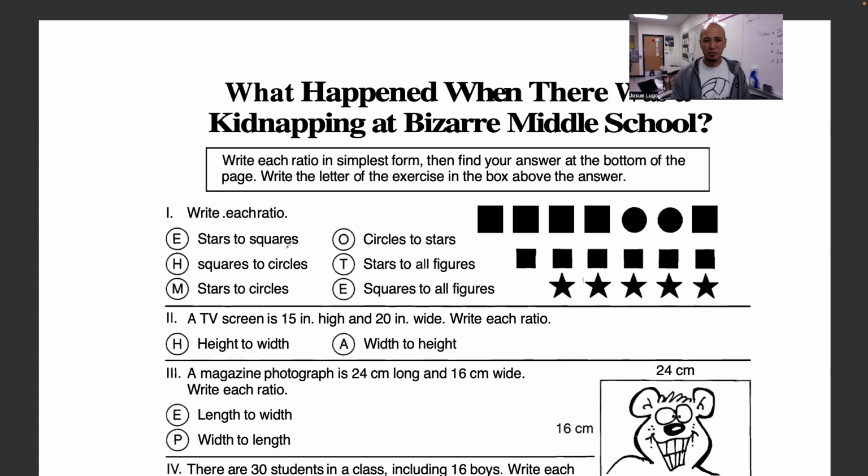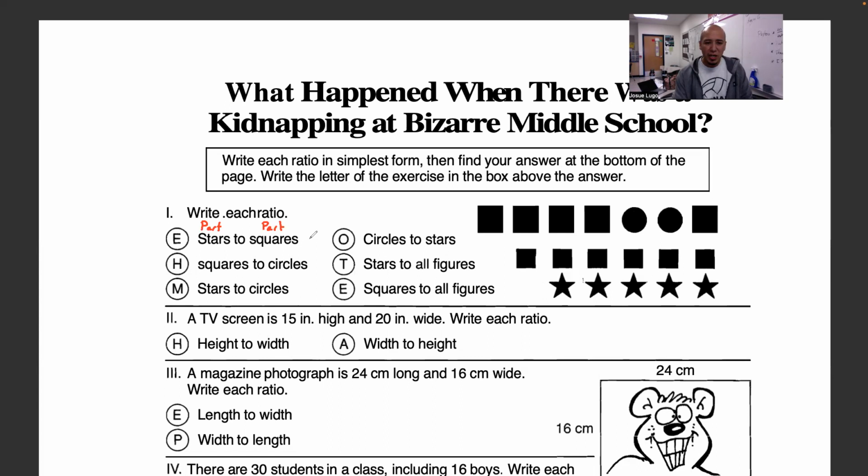And specifically, not just squares, but let's compare stars to the little squares, just to be a little bit more specific. So ladies and gentlemen, notice that right here, we have 1, 2, 3, 4, 5 stars. And little squares, we have 1, 2, 3, 4, 5, 6 little squares. So notice, ladies and gentlemen, that I'm comparing a part of the shapes of the figures right here to another part of those very same shapes.